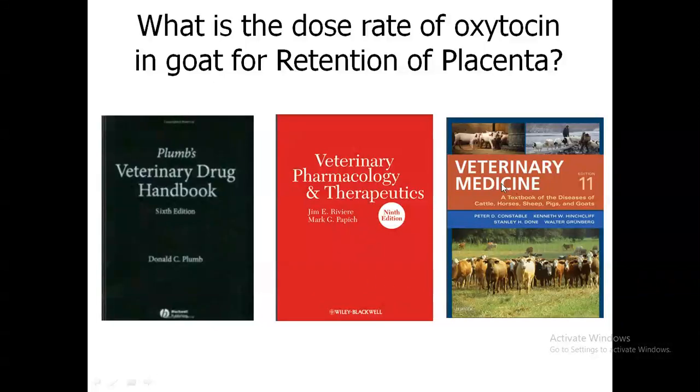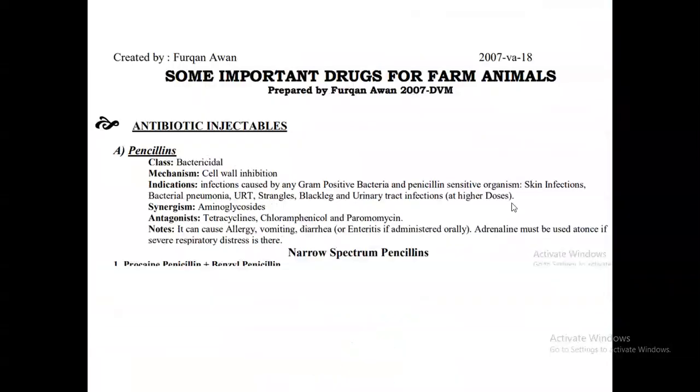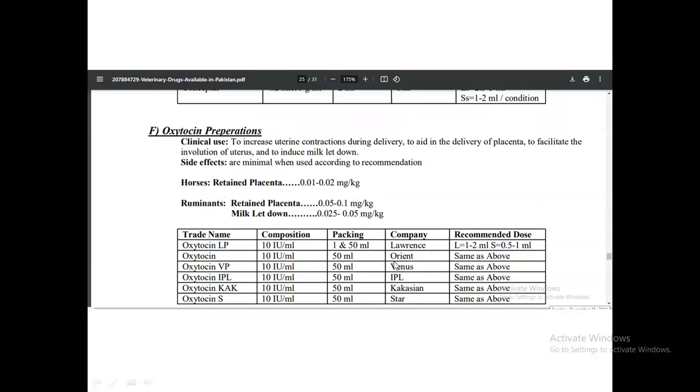And the veterinary medicine book has provided 13 times more than the recommended dose if we compare it to the manufacturer recommendation. And the PDF file that is commonly shared in Pakistani veterinary universities is also providing correct information.